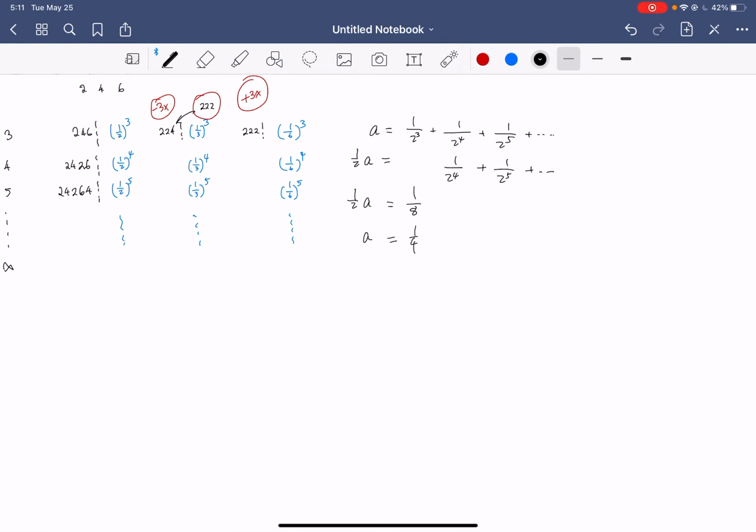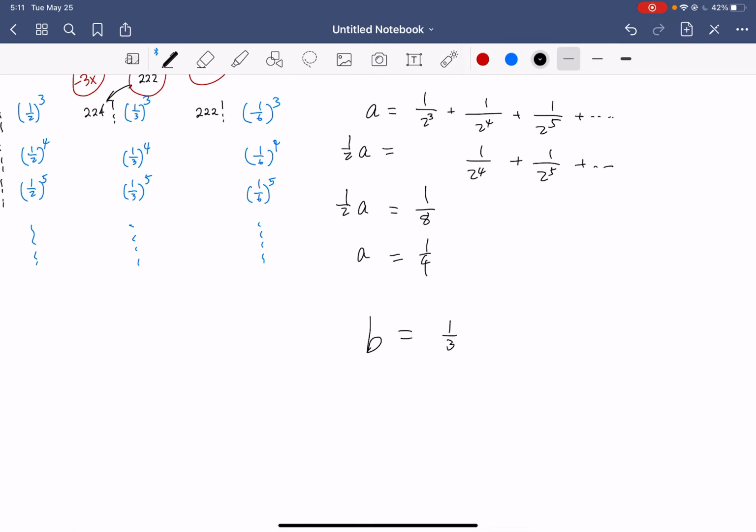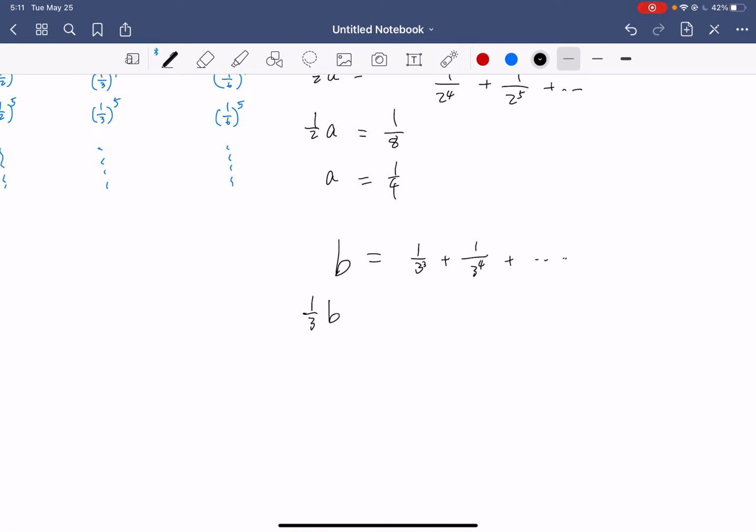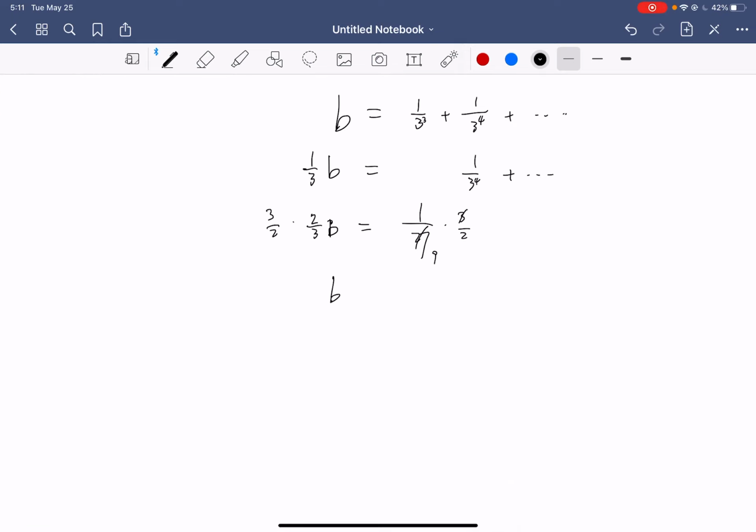And using a similar logic, let's say b is 1/3 cubed plus 1/3 to the fourth plus dot dot dot. If we subtract the shifted series, we get 2/3 b equal to 1/27, and multiplying on both sides, we get that b is equal to 1 over 18.